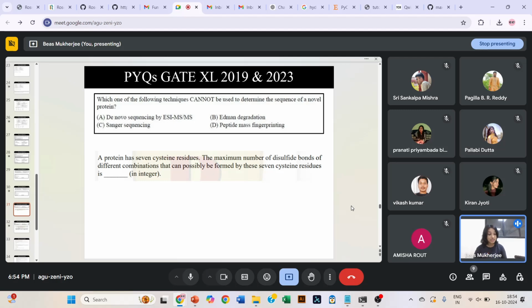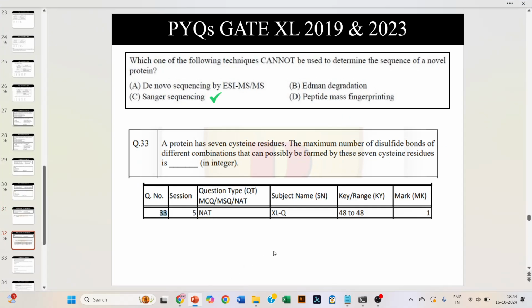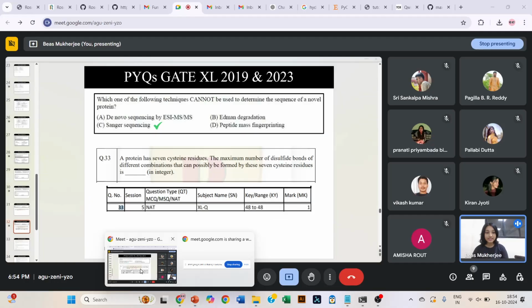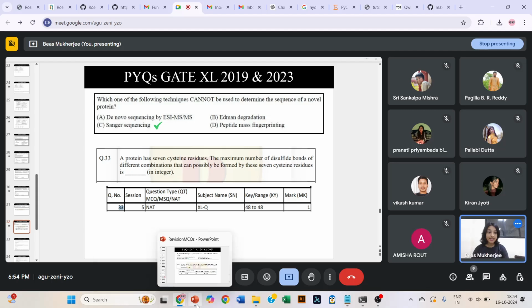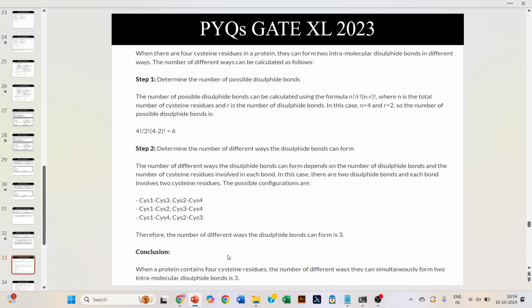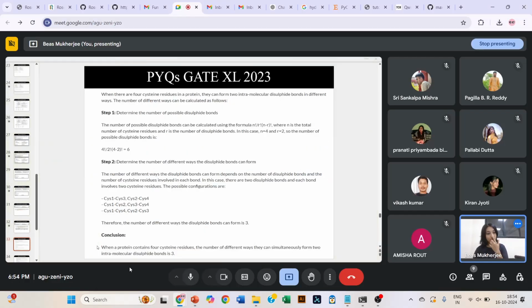Now the issue is that the answer that they have given is different from the answer that is there on different websites. So we will look at the answer. For this one, you know that it is C. For this one, they have given the answer as 48, and they are only accepting 48 as the answer. To understand how to solve this question, this is one place where they have explained it.